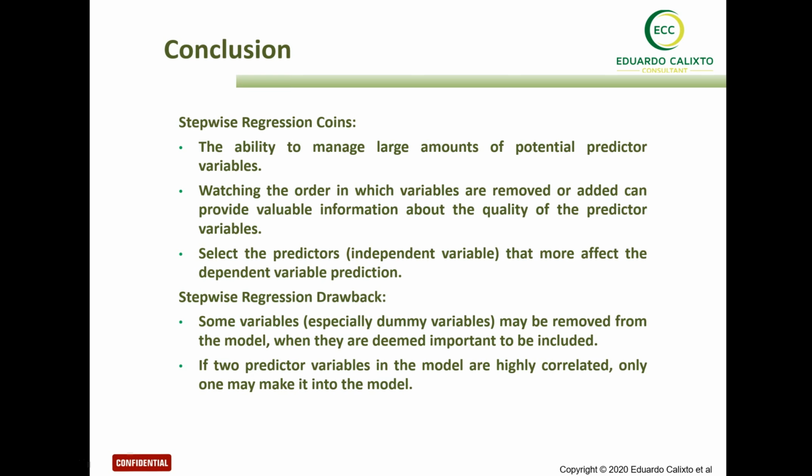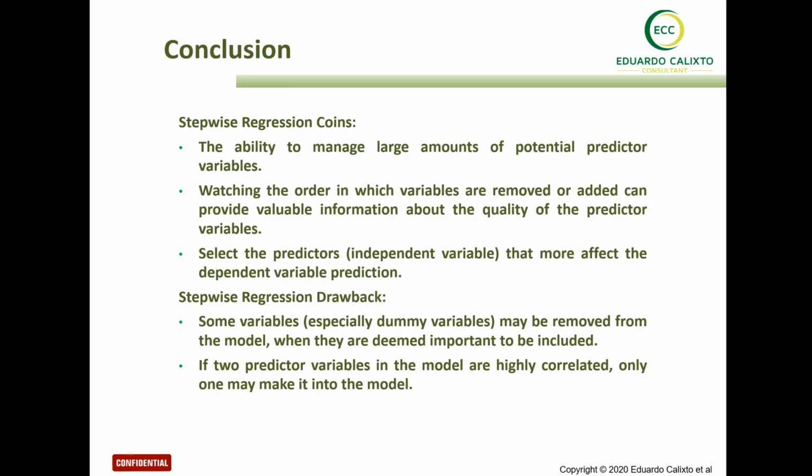The drawback is that some variables may be removed from the model when they are deemed important to be included. That's the risk. We can actually eliminate one specific independent variable that is important. And if two predictor variables in the model are highly correlated, only one may make it into the model.